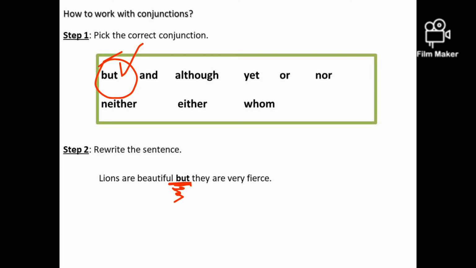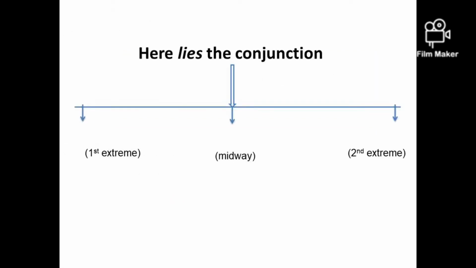So now you can add on to your notes that conjunctions are not only linking words, but this is a word that appears midway between two separate phrases. I repeat, a conjunction is a word that appears midway between two separate sentences.